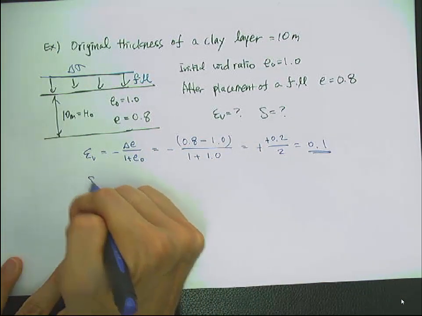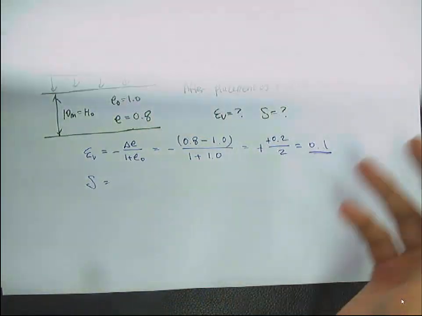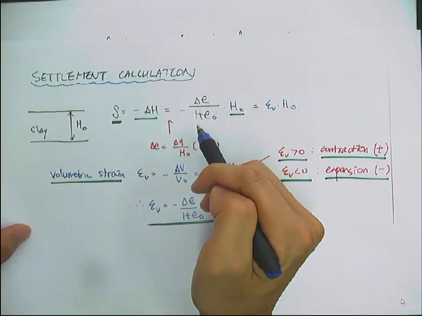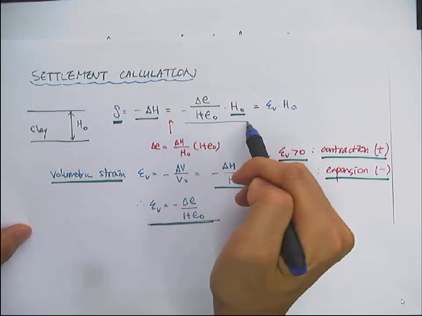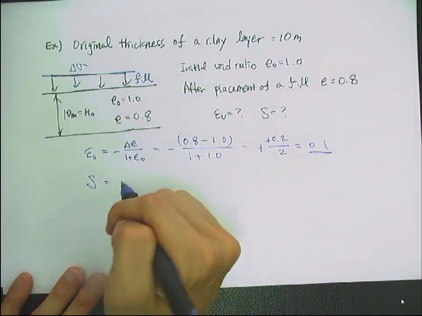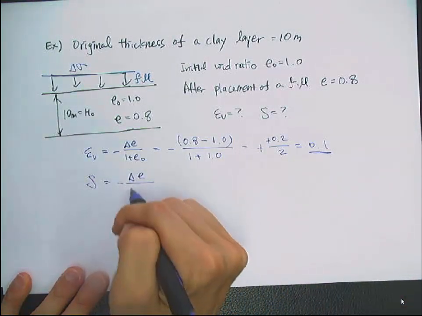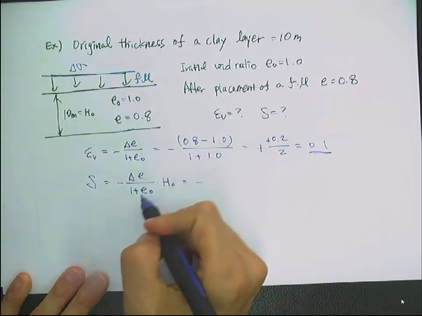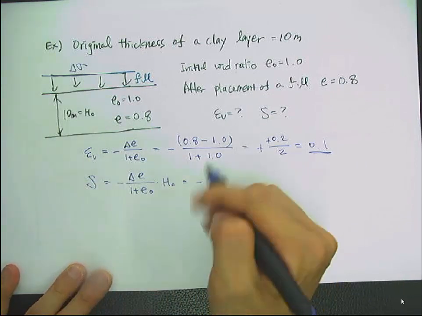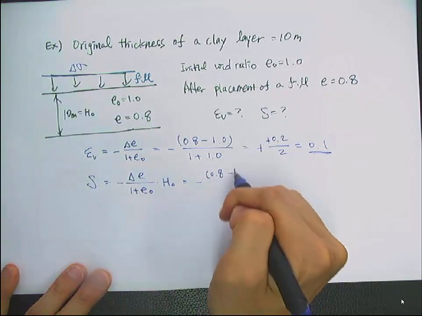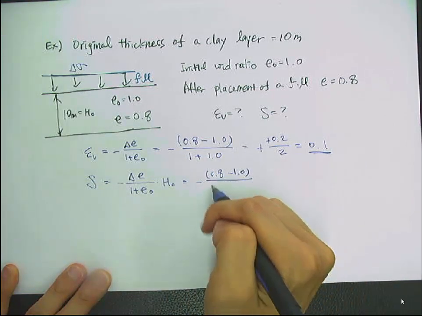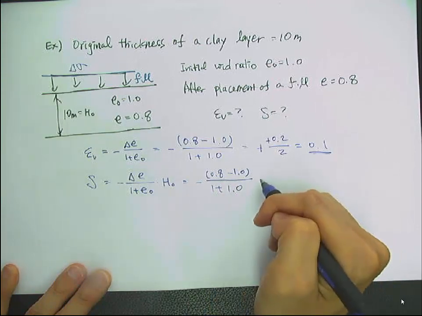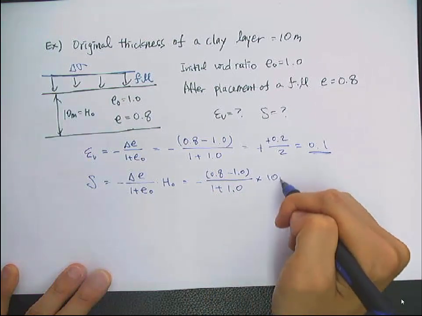So the volumetric strain is 0.1. And the settlement, we can also calculate using this equation: minus delta e over 1 plus e naught times H naught. So this is the same as the above equation: 0.8 minus 1.0 over 1 plus 1.0, times 10 meters.